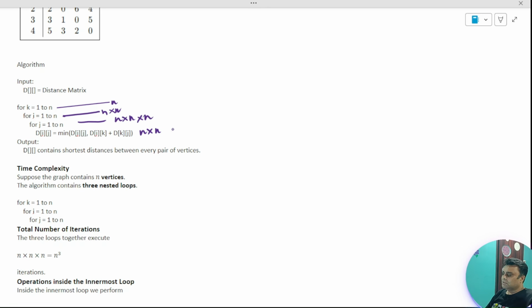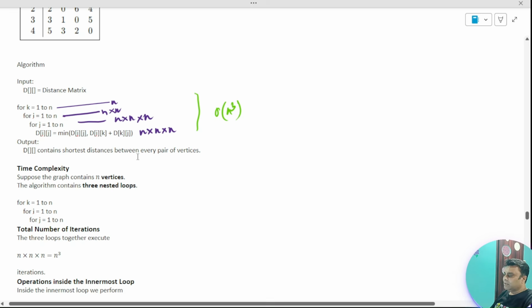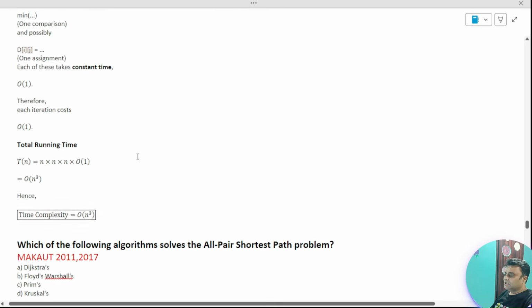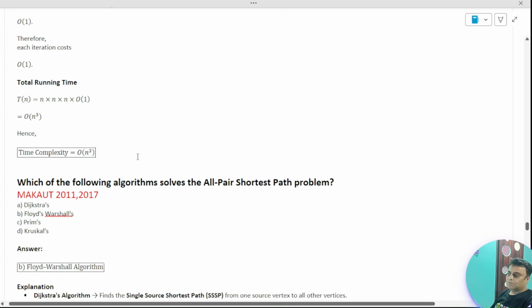This is your highest dominant term, which is going to give rise to an order of n cube. That has been explained in the time complexity discussion, and that's how you get an order of n cube.